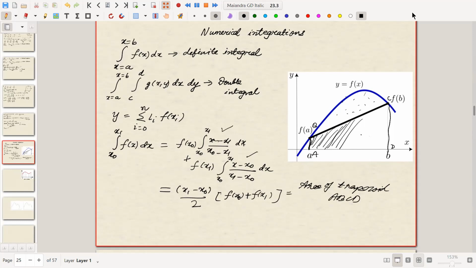But I warn you that this is not a very accurate method, because you can already see that these are the areas creeping in. This is the remaining area which should have been taken into account but is not taken by this numerical method. Therefore, it is not an accurate method.